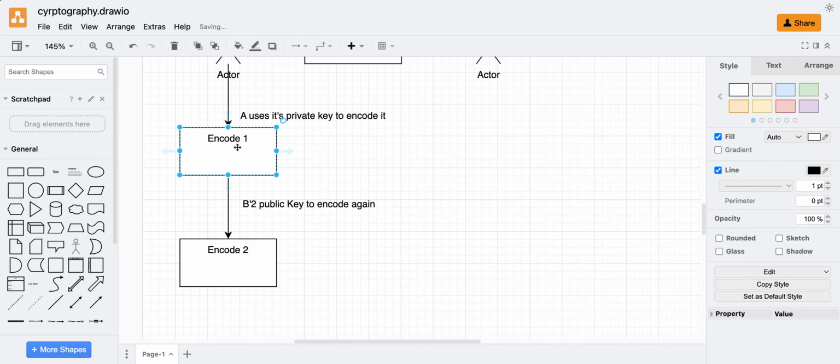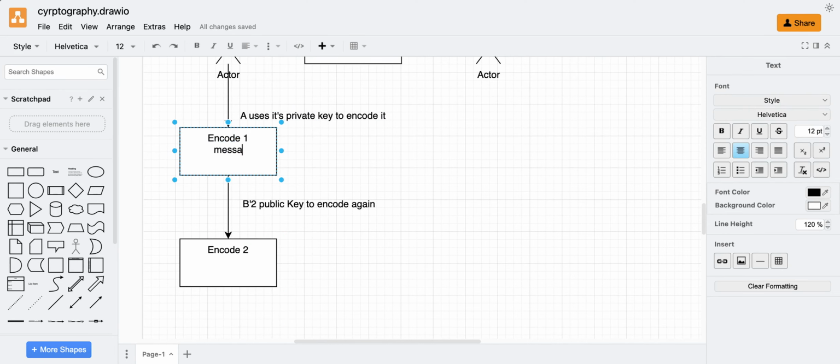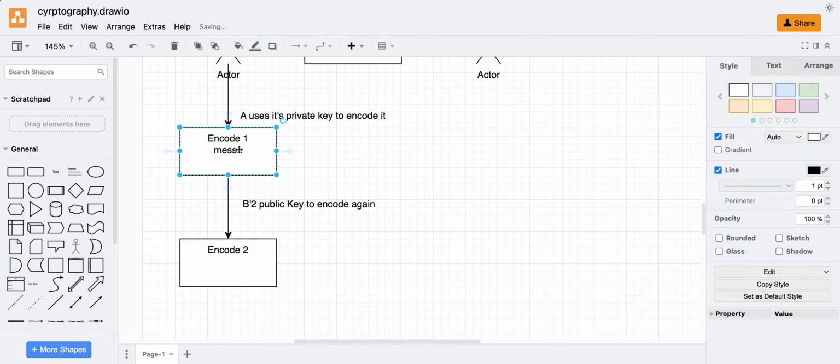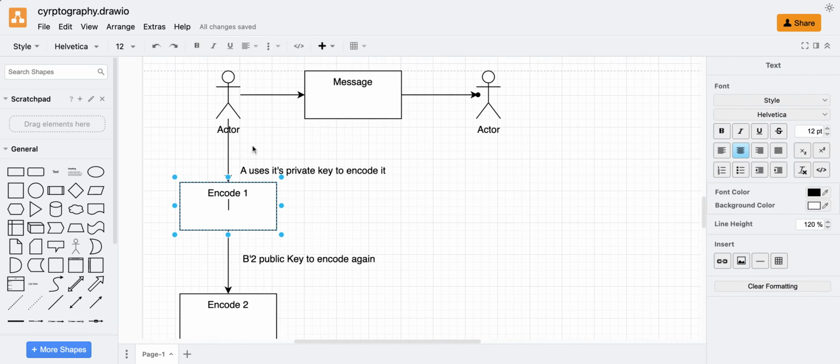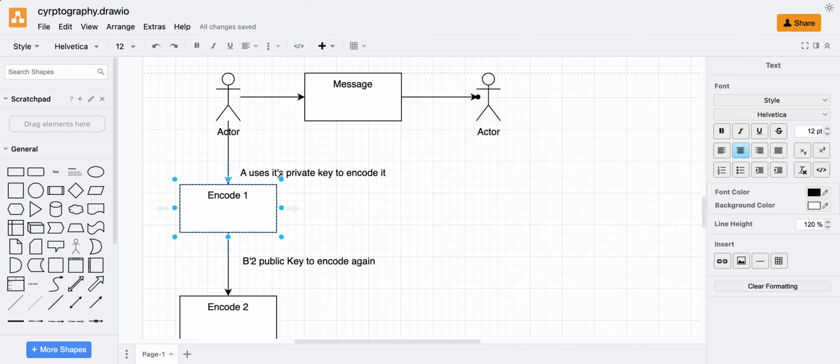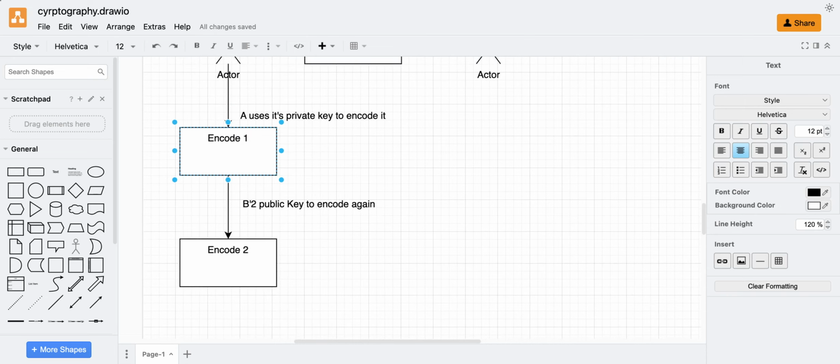So the encoded message is this. It used its private key to encode the first time. Then it used B's public key to encode again.